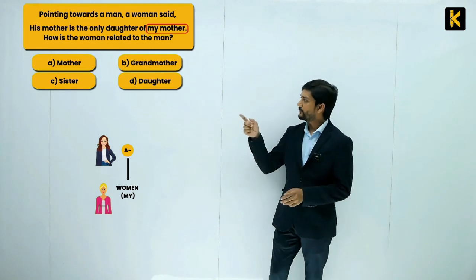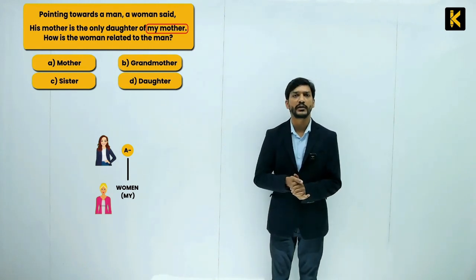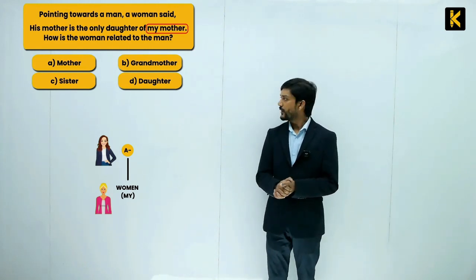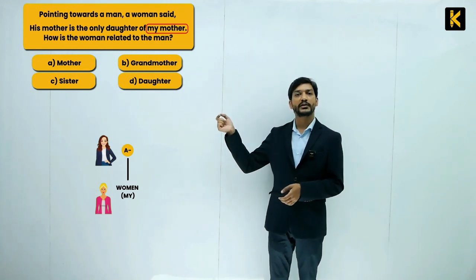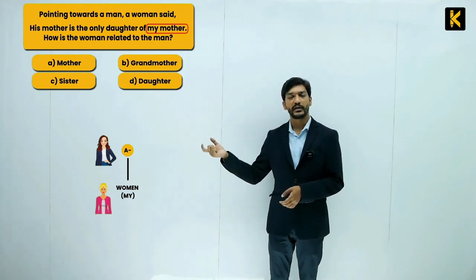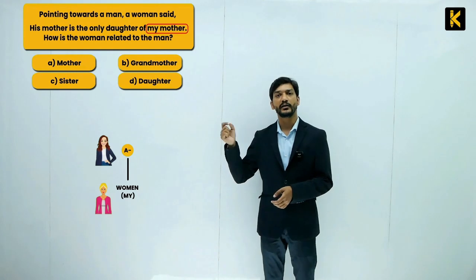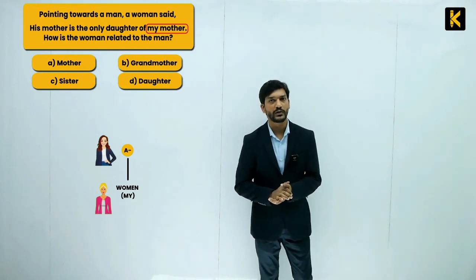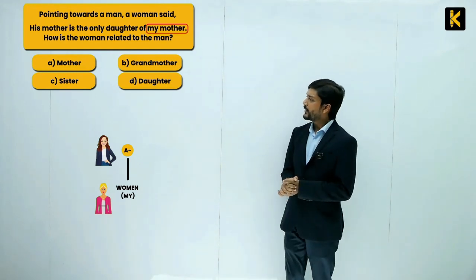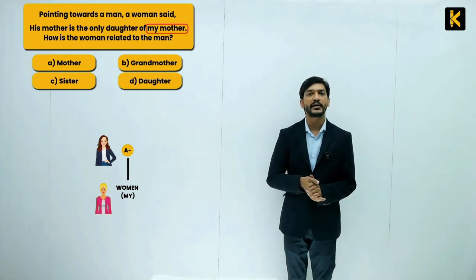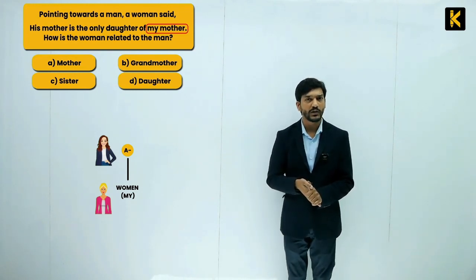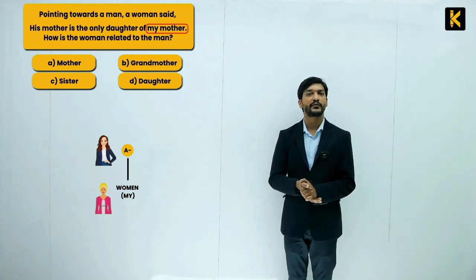So my mother I have drawn in the diagram. If this A is the mother of the woman, that means the woman is the daughter of A. Now, in the diagram, we have represented my mother with what letter? I have represented it with A minus.